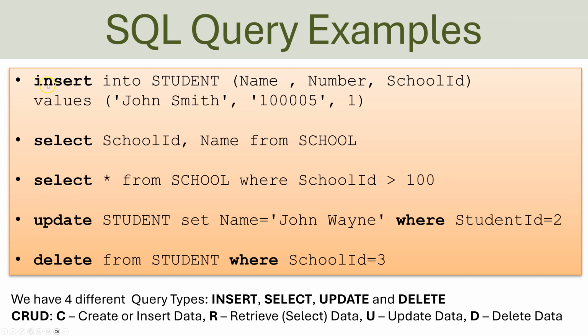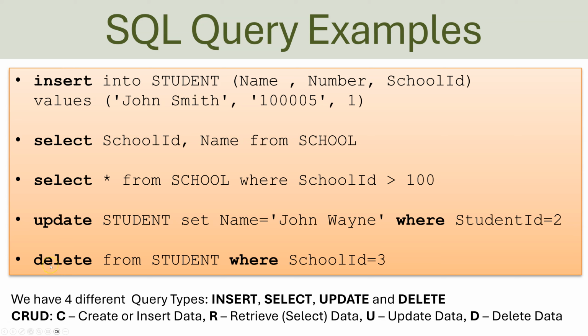Here you see some examples. In order to insert data, you use insert into, the name of the table, the different columns, and the actual values. For select, you just select the different columns like this, from the specific table. For update, you just use update. Student, in this case, is the name of the table, then set, and the name of the column you want to update, and the actual value, and for which ID you want to update that information.